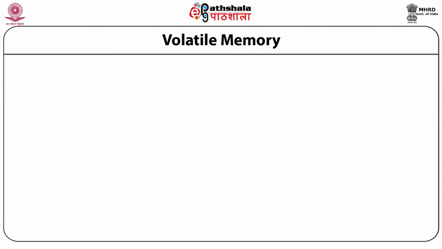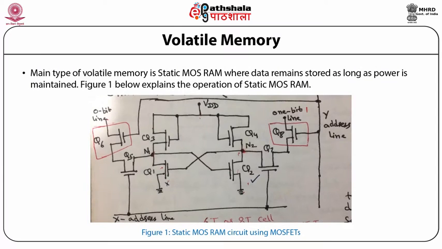Volatile memories: the main type of volatile memory is static MOS RAM, where data remains stored as long as the power is maintained. This figure explains the operation of a static MOS RAM circuit using MOSFETs.